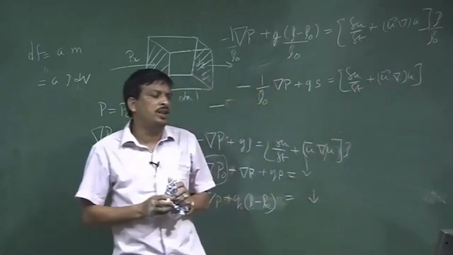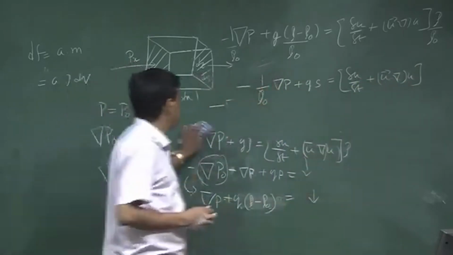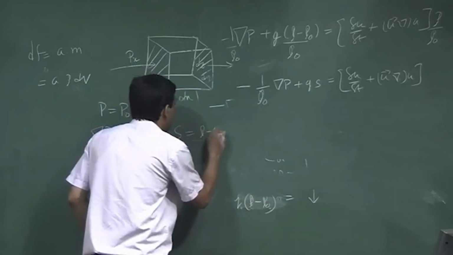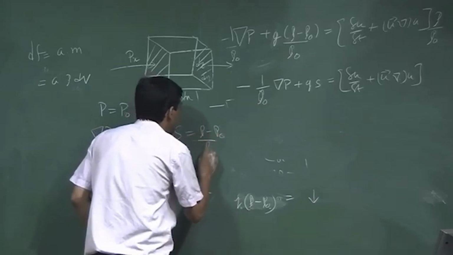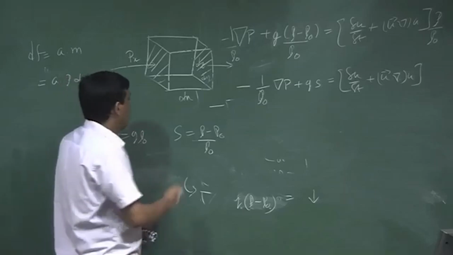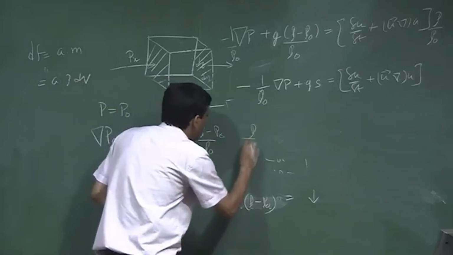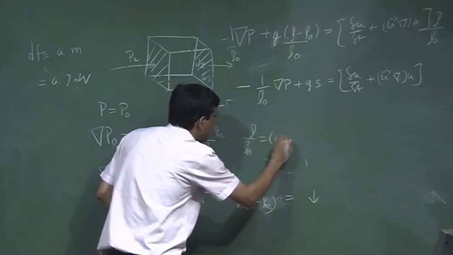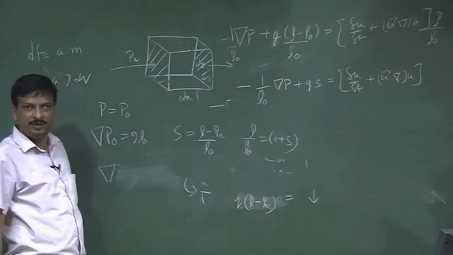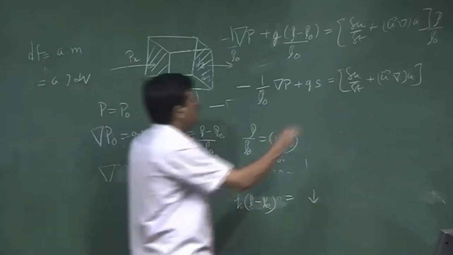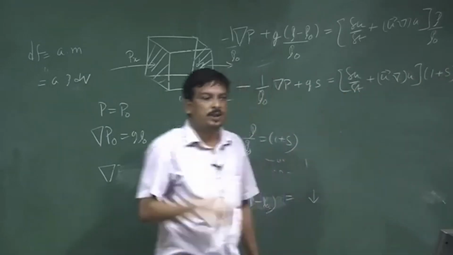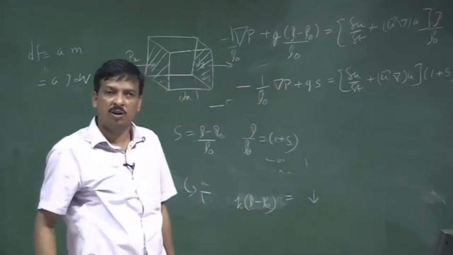What is rho by rho 0 in terms of S? What is S? S is nothing but rho minus rho 0 divided by rho 0. Okay. So, rho by rho 0 is nothing but 1 plus S. Condensation, 1 plus small s.